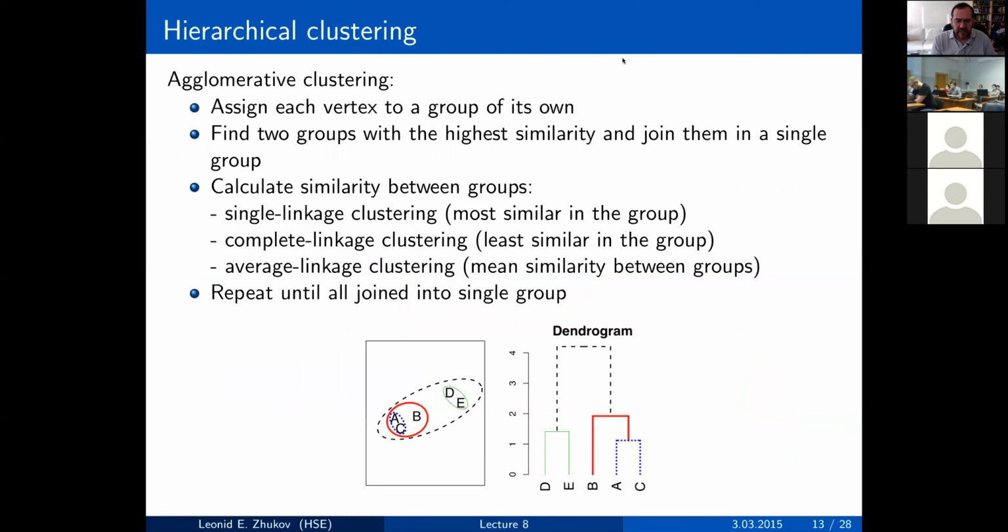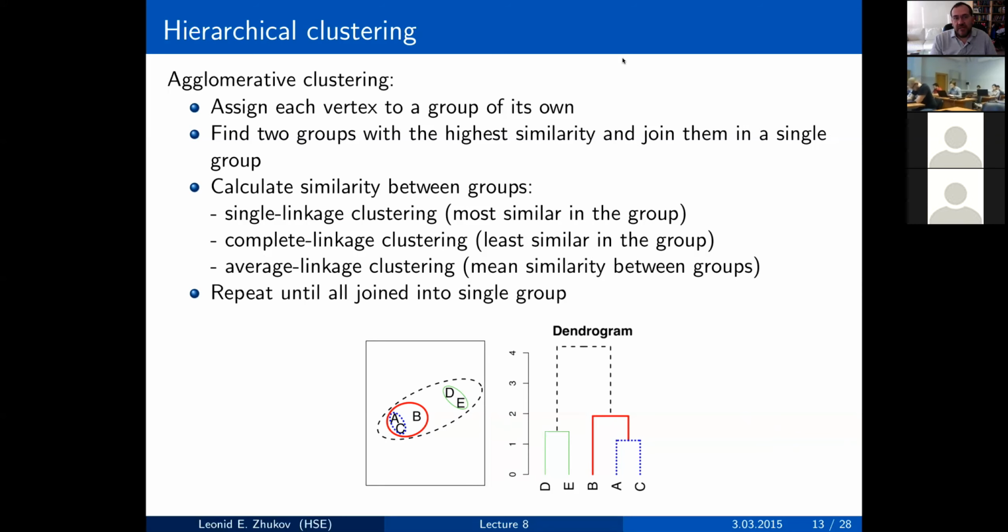So we're going to talk a little bit about hierarchical clustering. Typically, within the social network world, people use hierarchical clustering to do this. Just to remind you, most of you have seen this algorithm from a course on data mining or machine learning.